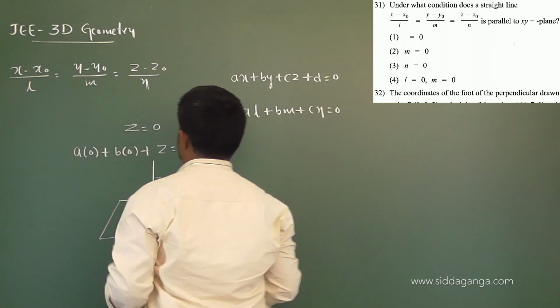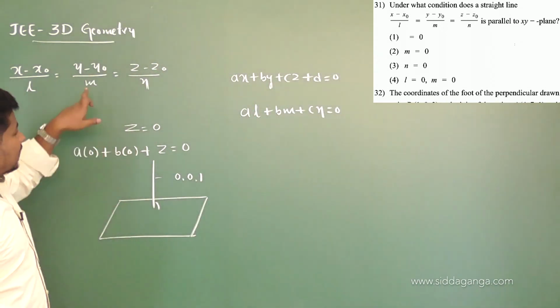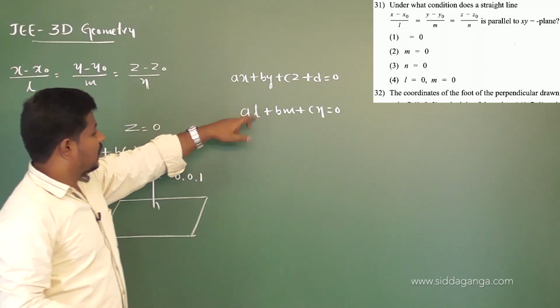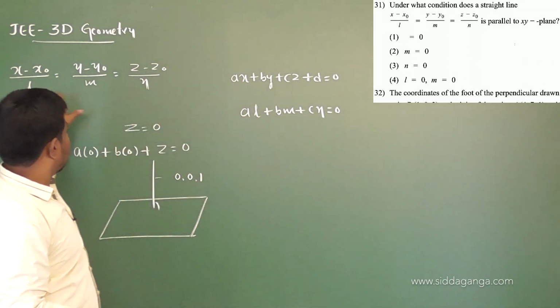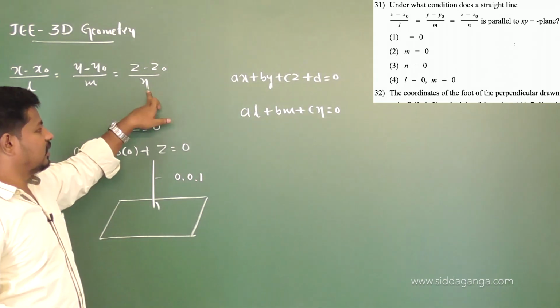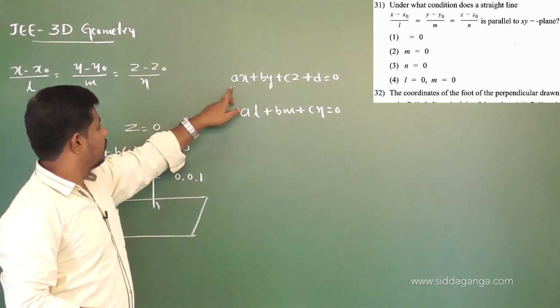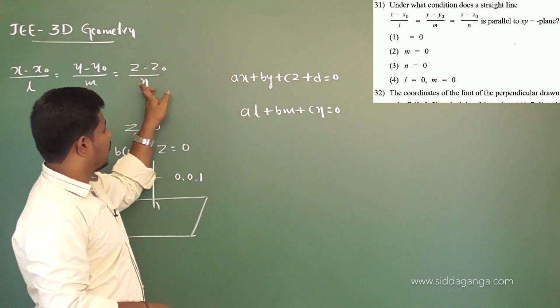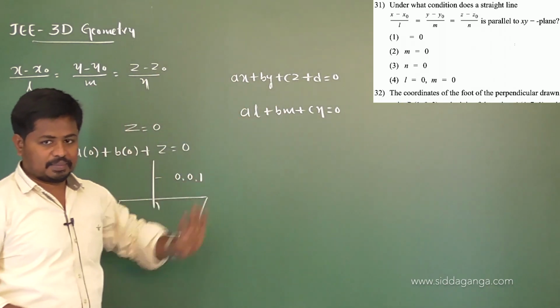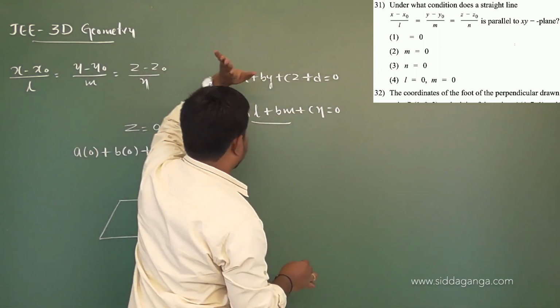This is the condition for a line to lie in this plane, because whenever this line lies in this plane, the normal will be perpendicular to the vector, the line having ratios L, M, N, right? Since they are perpendicular to each other, L into A plus M into B plus N into C becomes equal to 0. That is the condition for any line to lie in this plane.